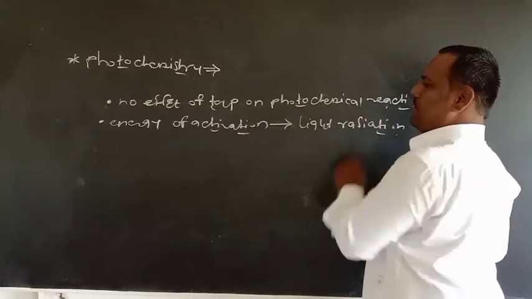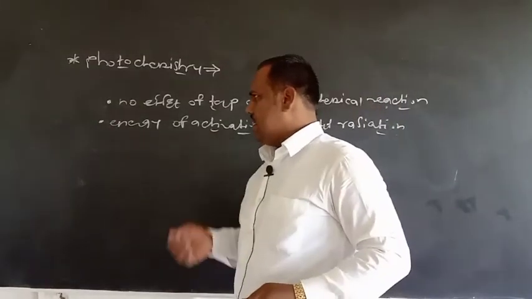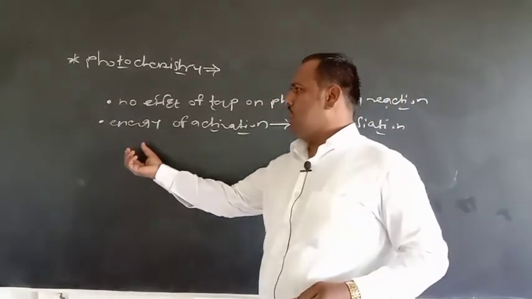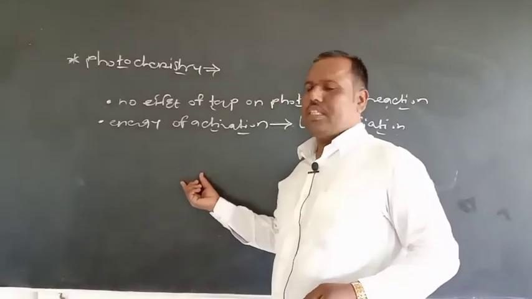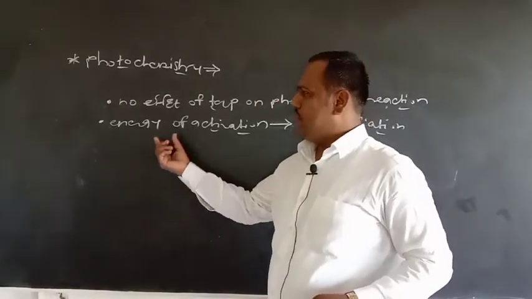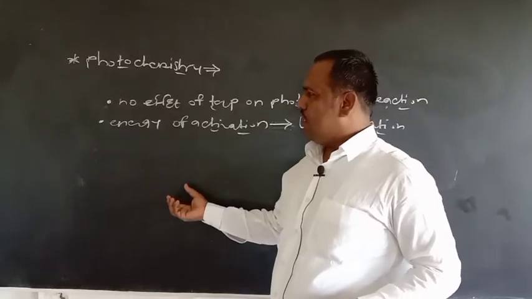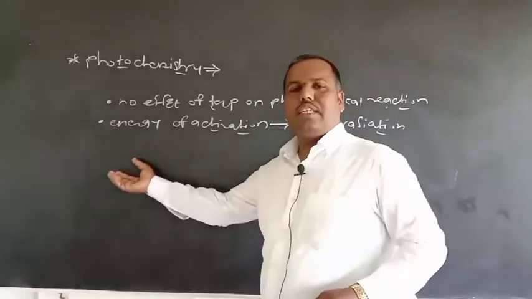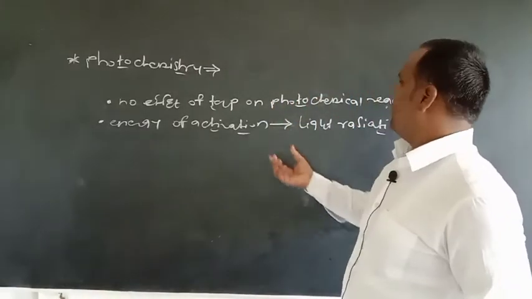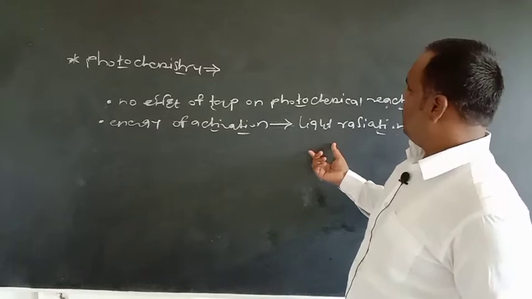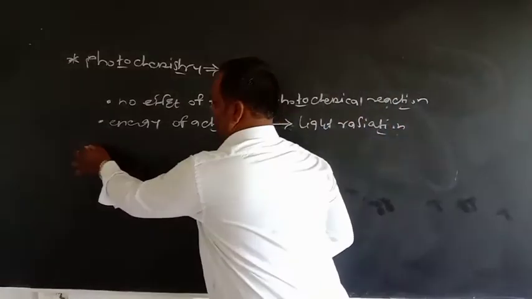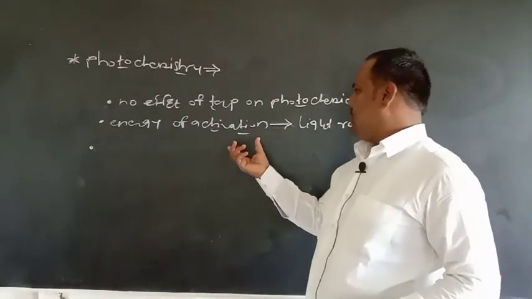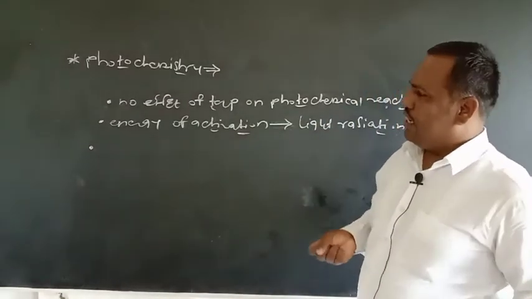The energy of activation, as we discussed in our previous lecture, is the minimum energy which is required to convert the reactant into the product. Whatever energy of activation is required to convert any reactant into the product is acquired in this photochemical reaction by absorption of light radiation.